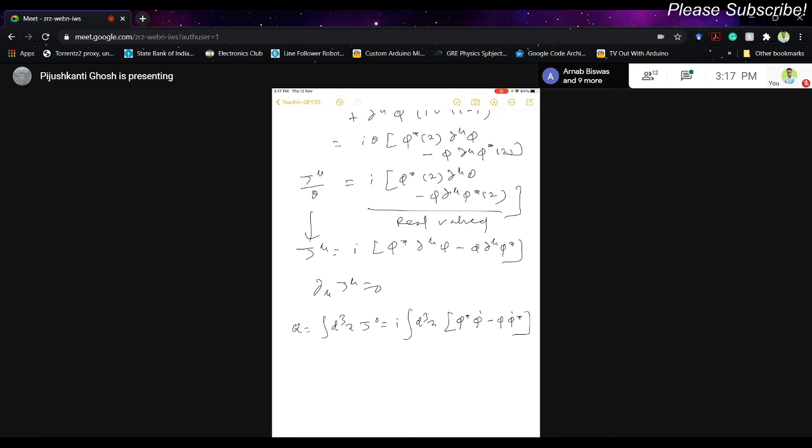This is the classical Noether charge, but we are doing quantum field theory, so we have to calculate what the expression is.